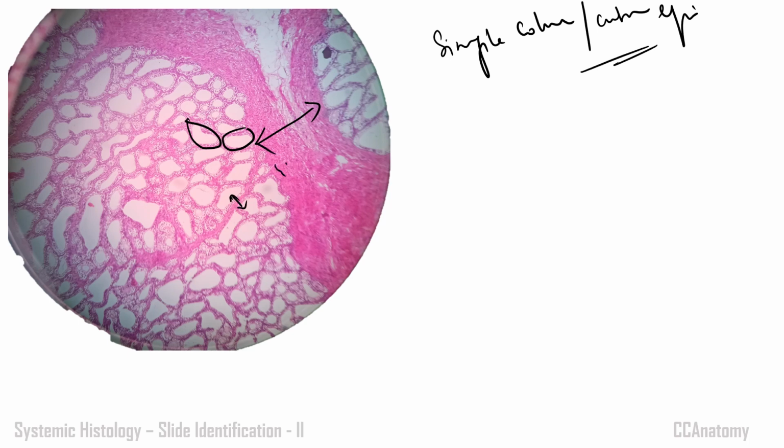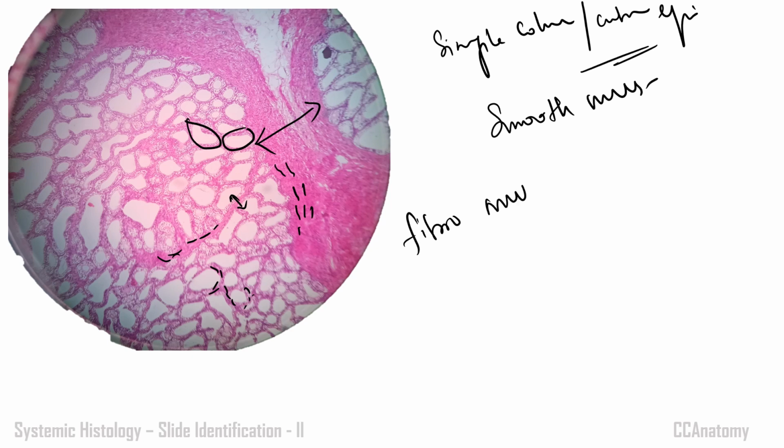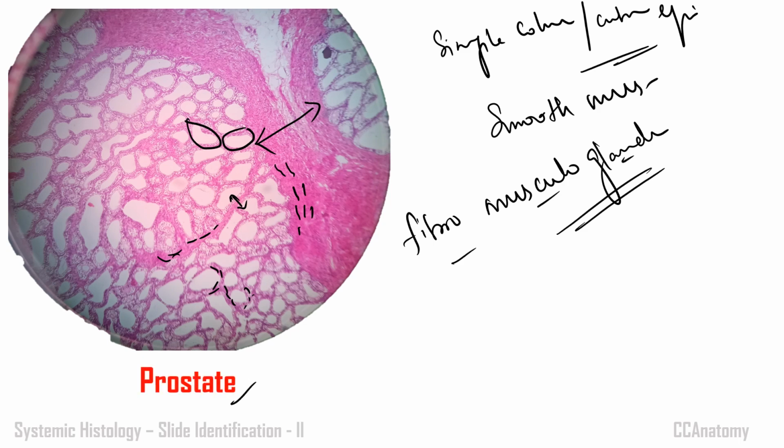Within the stroma, if you observe closely, you can see some darkly stained fibers, not only in the larger septa but also in between the glands. These are nothing but smooth muscle. If we describe this gland in a single term, it is fibromusculoglandular tissue. The gland which fits the fibromusculoglandular description is the prostate. So this is like a prostate.